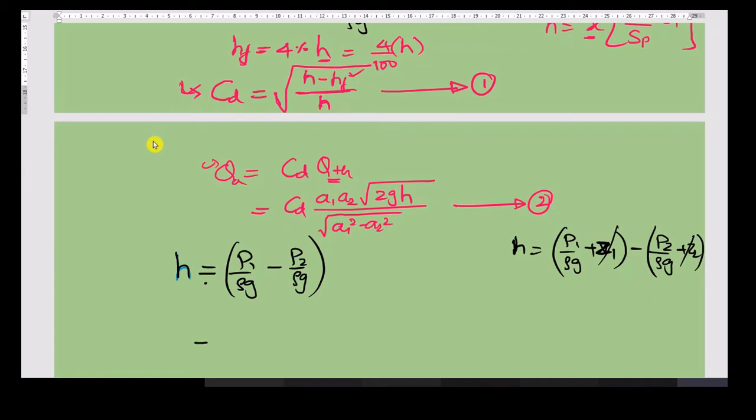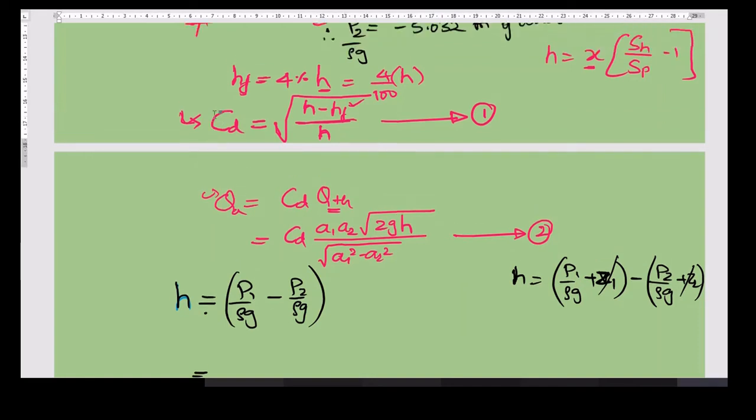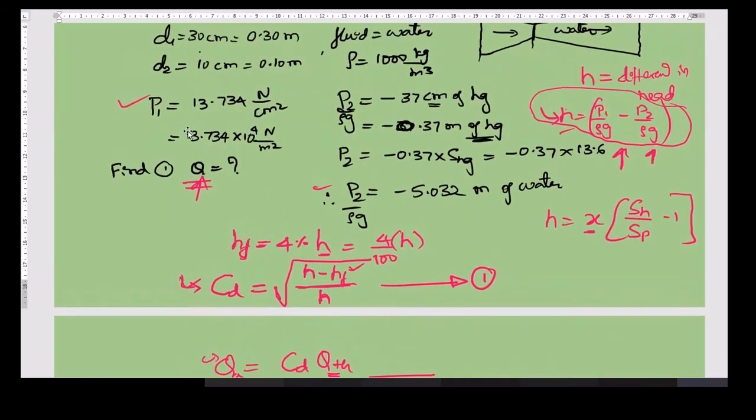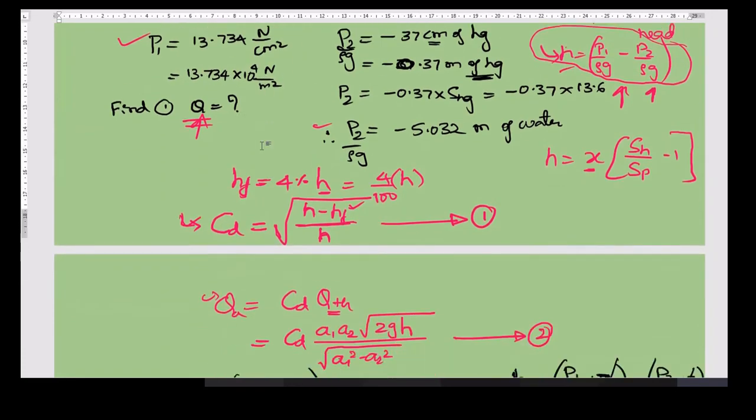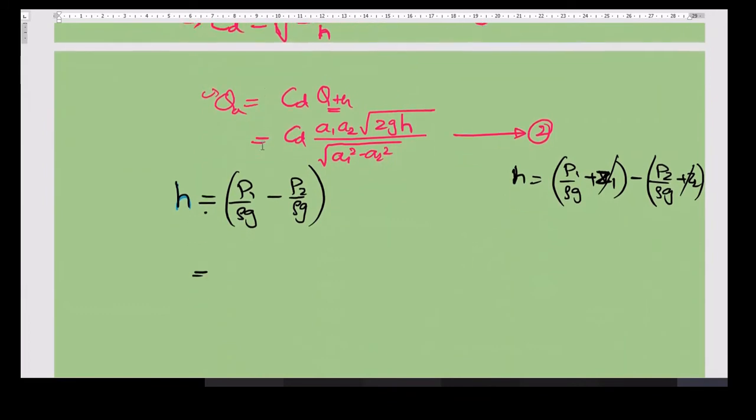So substitute the value of P1. How much is given? 13.734 into 10 to the power of 4 is the value of P1 that I will substitute here, divided by the density of the working fluid, which is the fluid flowing in the venturimeter, that is water, and 9.81 is the value of g.